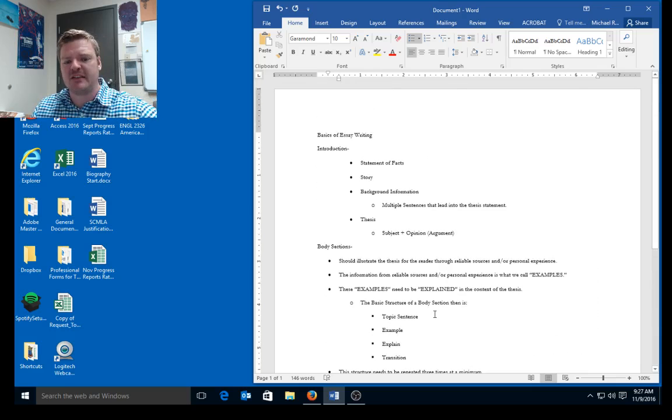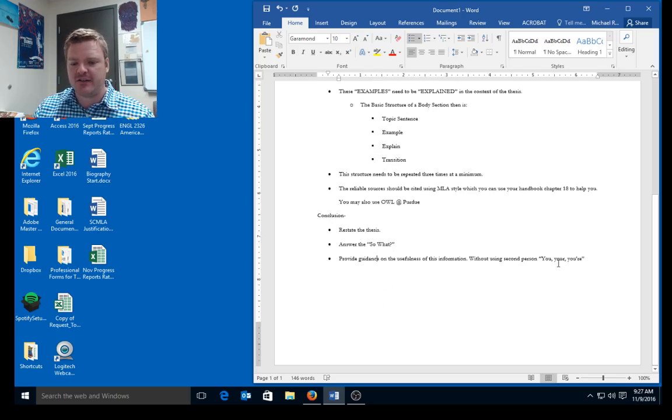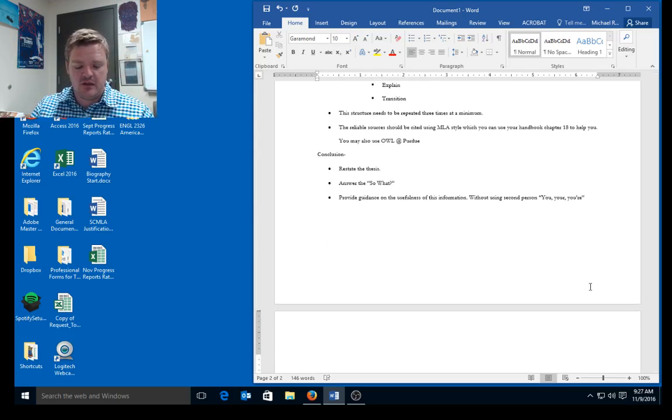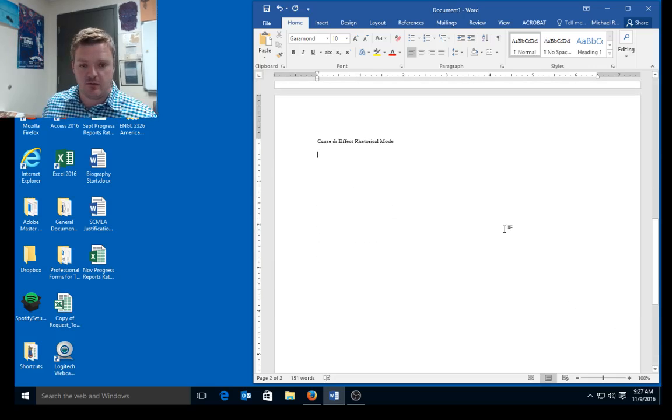Now that's the basics of essay writing, of essay structure. Now, how does this work with the cause and effect rhetorical mode? Now, what I have students usually do is I have them use what's actually in this textbook, 19.1 on page 466.